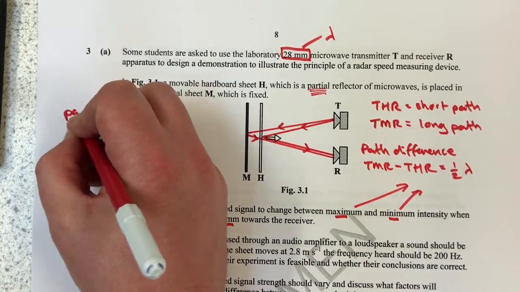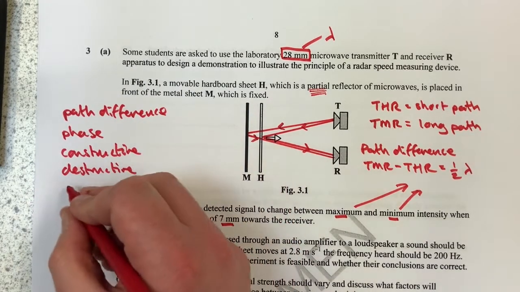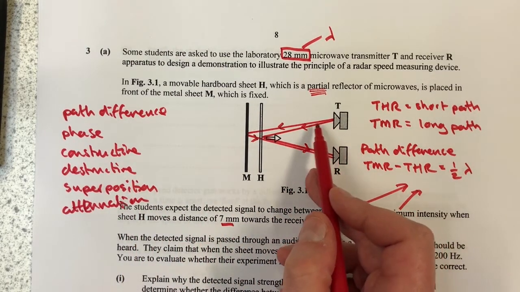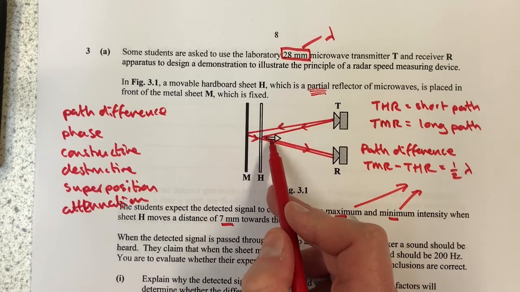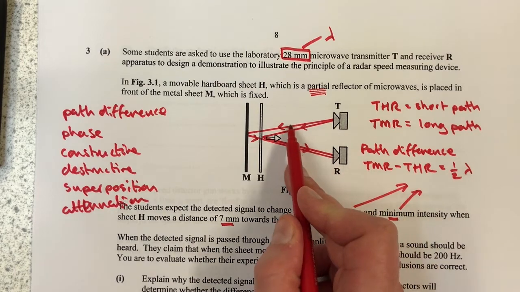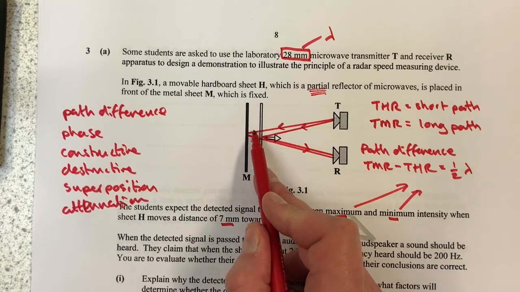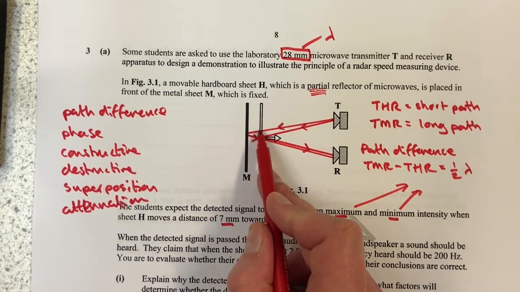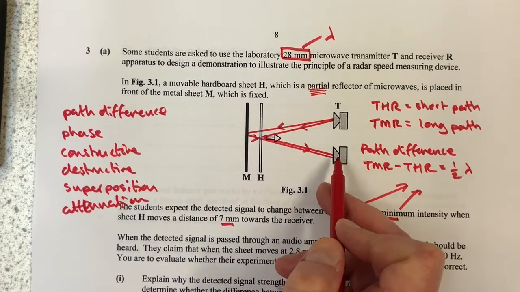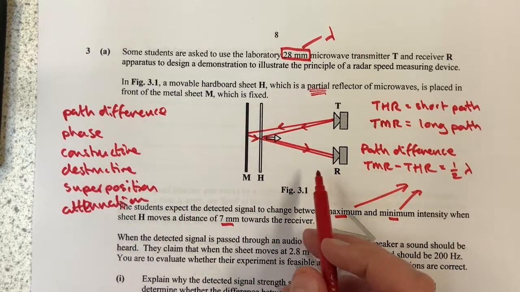I'll want to mention path difference, phase, constructive, destructive, superposition, and possibly attenuation, as one of the signals, the short signal, is going to have a higher amplitude possibly than the longer signal, because the longer signal has to make it through H, so that's going to remove some of its amplitude, reflect off M, presume none's going to be lost there, pass through H again, which means it's going to have a little bit of its amplitude lost, and then detected at R, plus that's a longer distance, so the signal will be weaker by the time it gets to R as well.